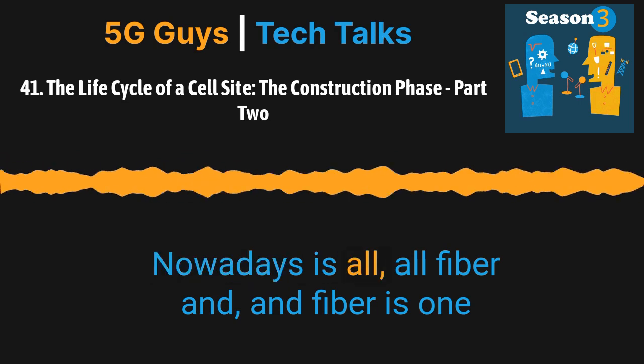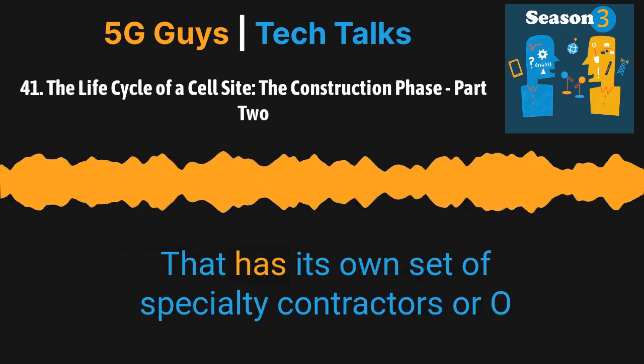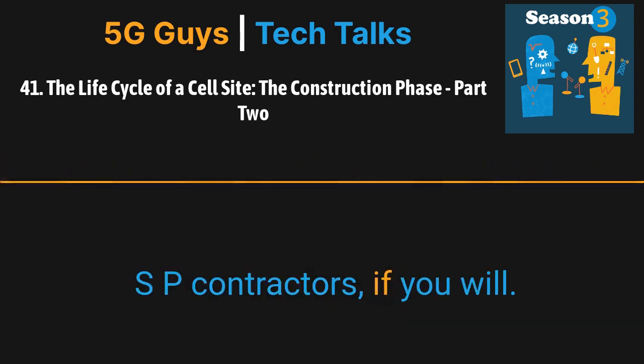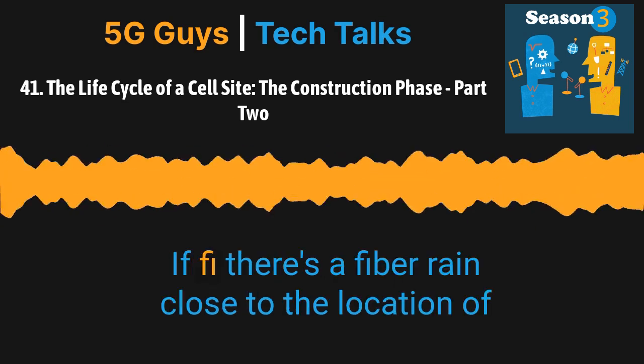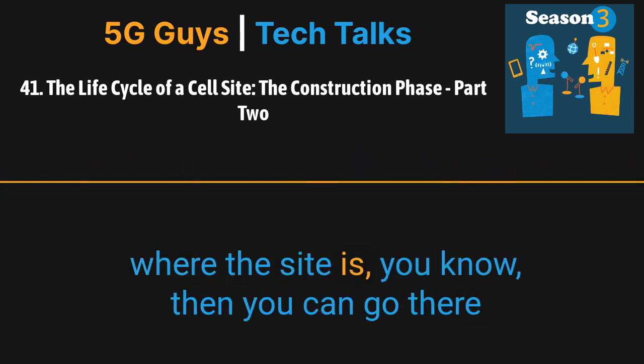Nowadays it's all fiber. And fiber is one of those technologies that has its own set of specialty contractors, or OSP contractors, if you will. It's pretty easy if there's a fiber ring close to the location of where the site is.